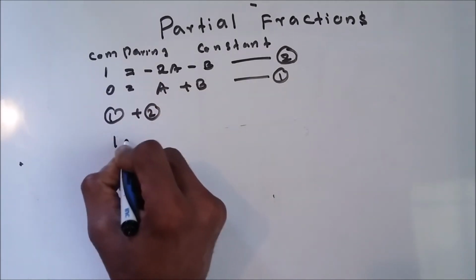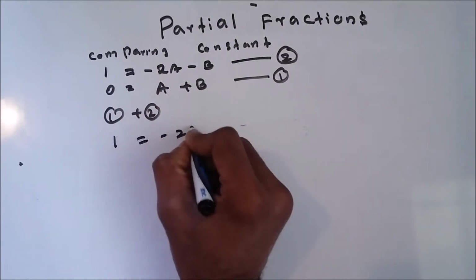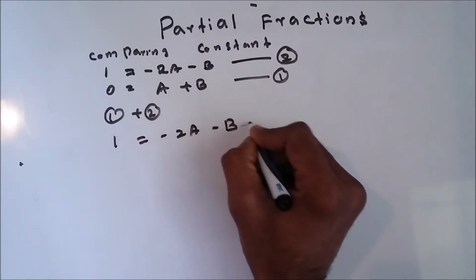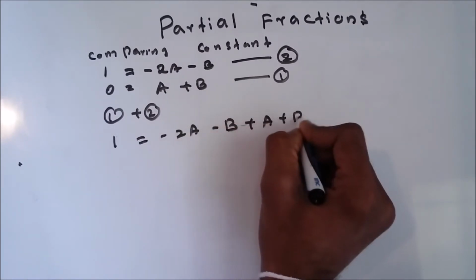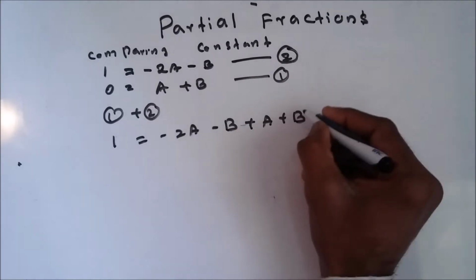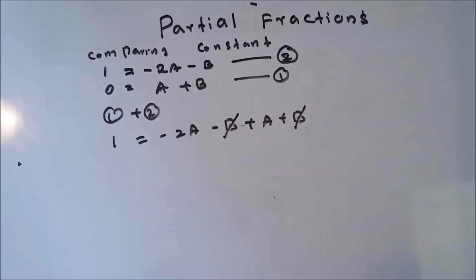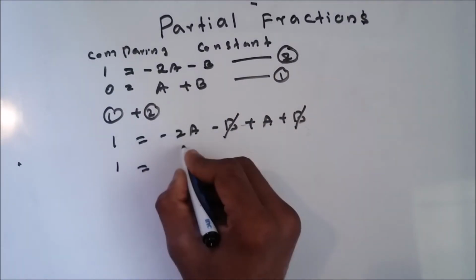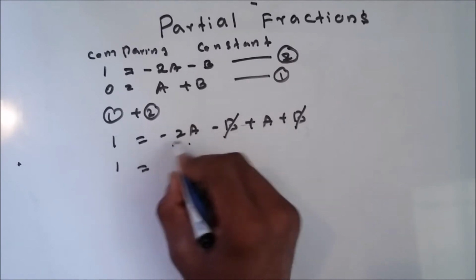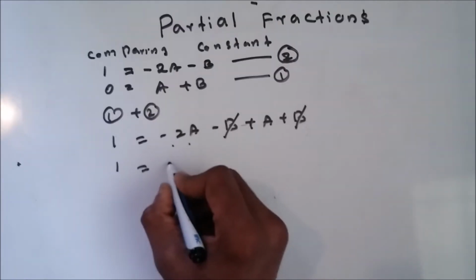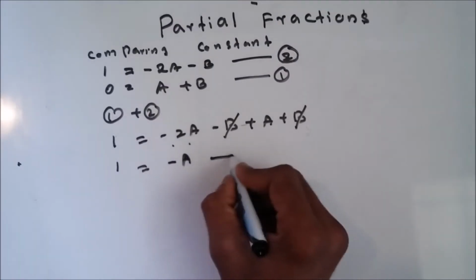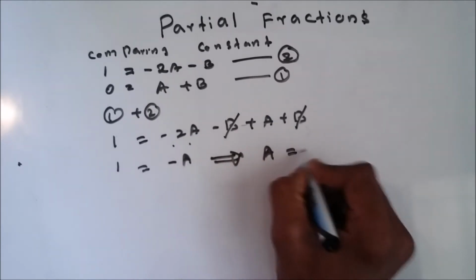Then here 1 minus 2A minus B plus A plus B. These cancel. 1 equals 2A minus 2A plus A minus A. Then we can get A equal minus 1.